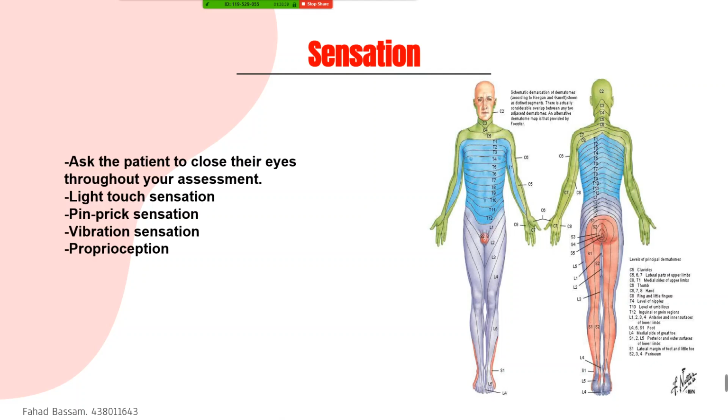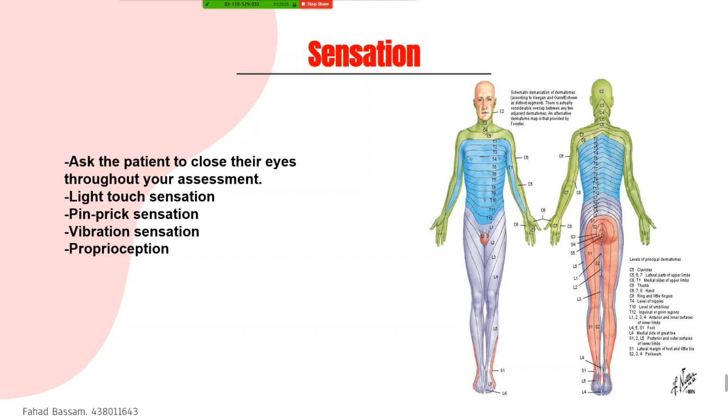Secondly, the pinprick sensation. Pinprick sensation is a sensation of uncomfortable tingling. If you tingle the patient in his foot, for instance, the tingling or prickling is usually felt in the arms and legs, due to compression of nerves. Thirdly, we have the vibration sensation, which is a sensation of vibration, such as in the air.